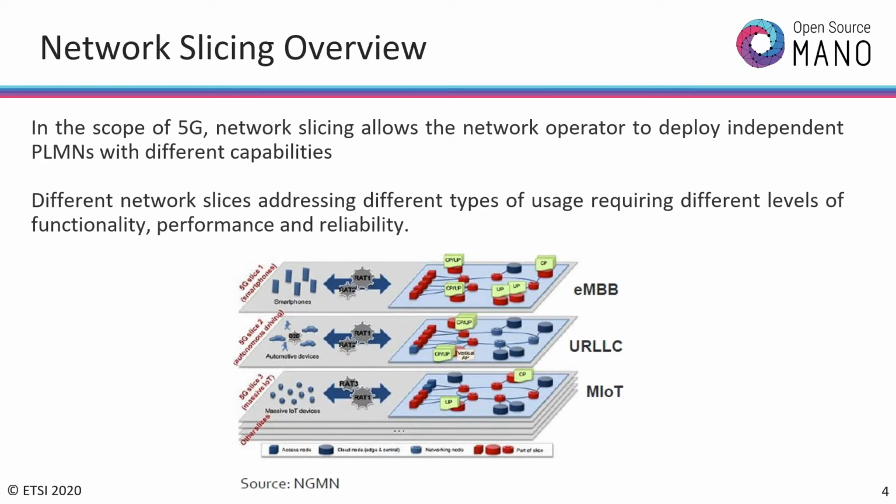So here is the point where slicing comes to help. With slicing, we are creating a portion of the network in order to deploy our network service and then apply some characteristics there to guarantee high throughput, low latency, or even a specific property for IoT that requires massive devices.